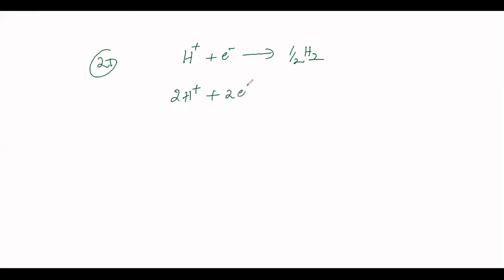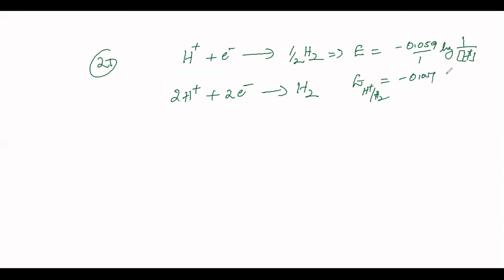When you take this equation, E of the electrode should be equal to, E0 is 0 of course, minus of 0.059 divided by 1 log of 1 upon H plus ion concentration, isn't it? So E of the electrode, H plus to H2, the reduction one, should be equal to minus of 0.059, bring this log to the numerator.